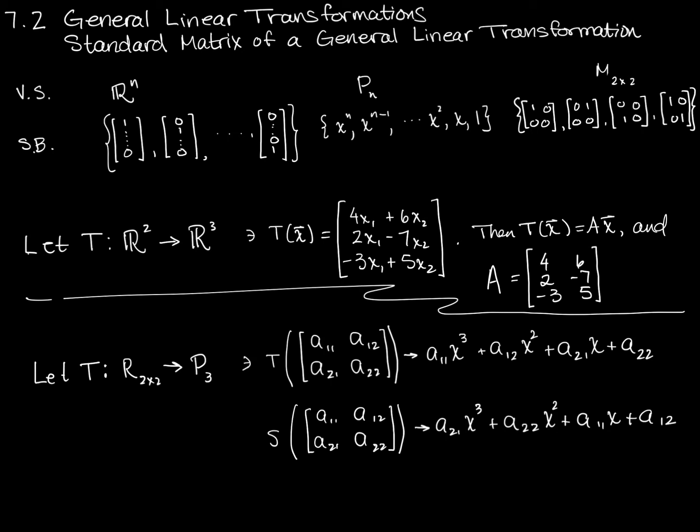That's not the transformation we're going to be working with. We're going to be working with this one. Once I've done what I'm about to do here, I will have the standard matrix for this transformation. It will not be the same as the standard matrix for that transformation.